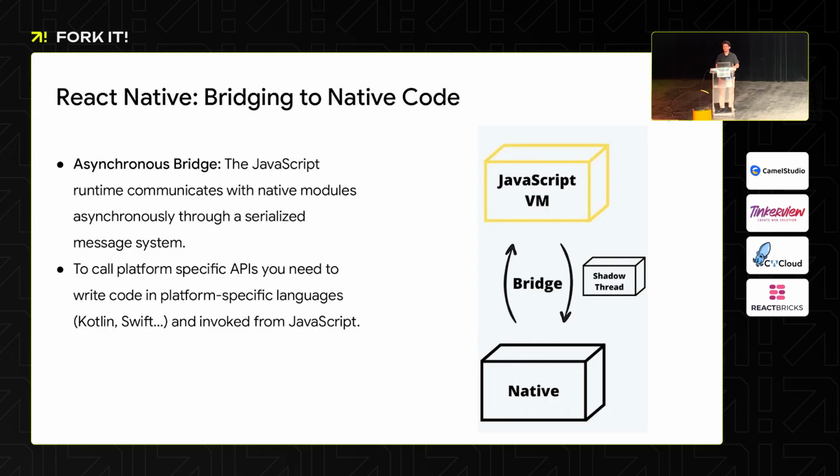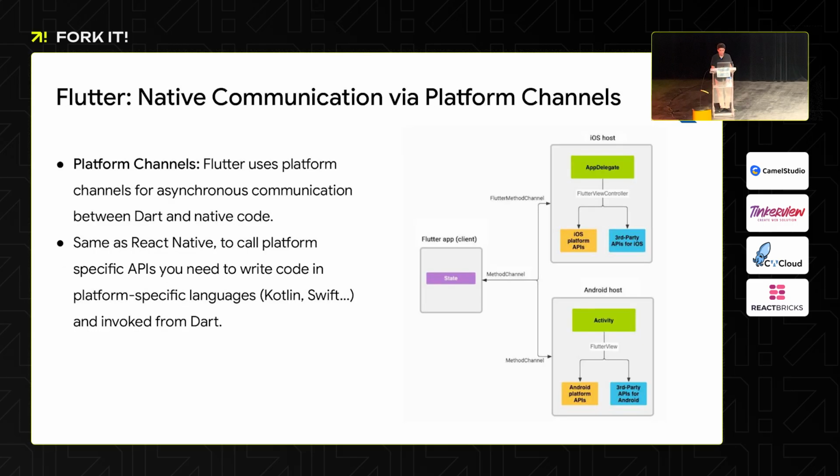For example, if you want to do something specific for Android and iOS, we need to write the Android code in Kotlin, which is the native language for Android, and the iOS code in Swift. And then we write some glue code in JavaScript to have everything working together. So sometimes you will need to work with 3 languages to do this, which is not the best case.